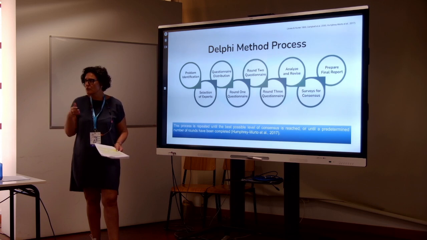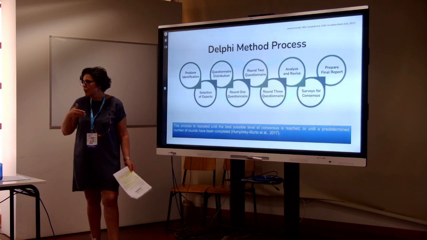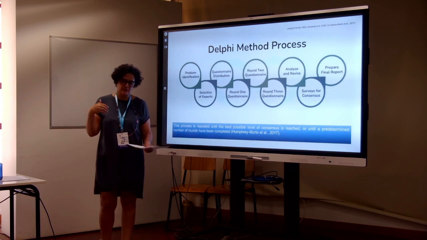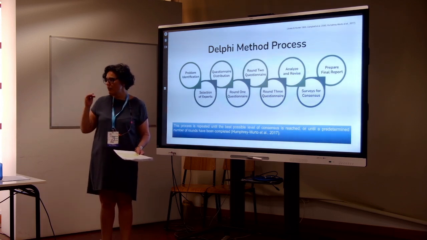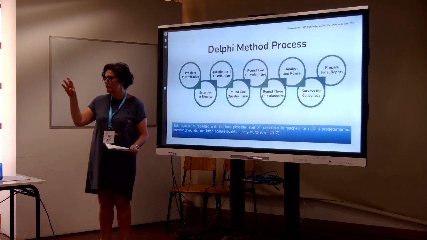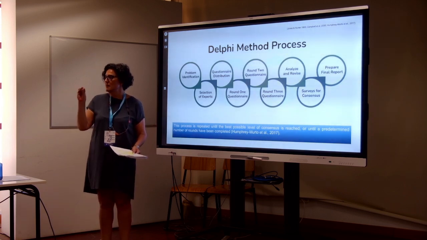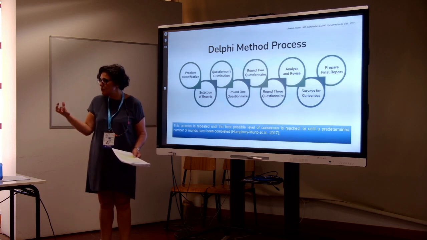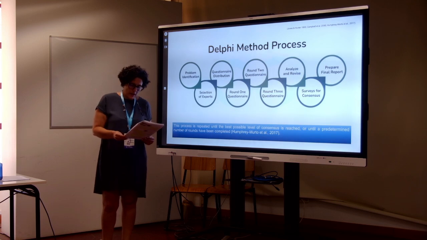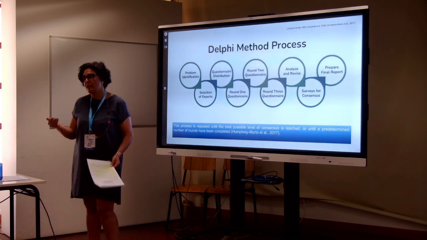Between rounds, the research team will collect all the opinions and send reports with the level of consensus, and also ask new questions regarding the group's agreement or disagreement with the subject matter. This can take time.